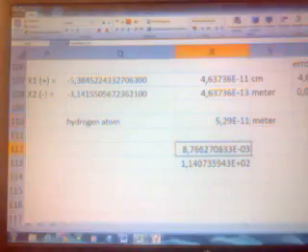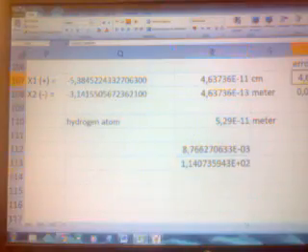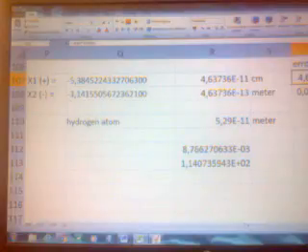So actually the error is about 114 times smaller than the hydrogen atom. So we're getting closer to the size of a nucleus of a hydrogen atom, and this is very good actually.